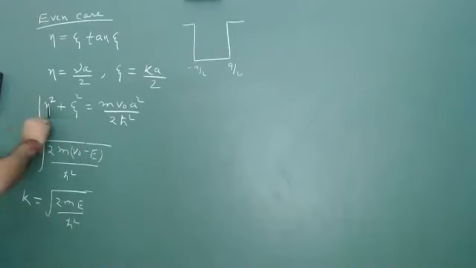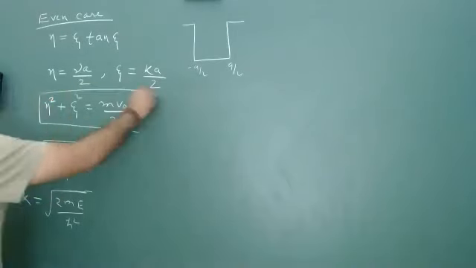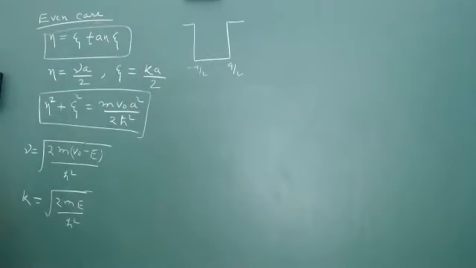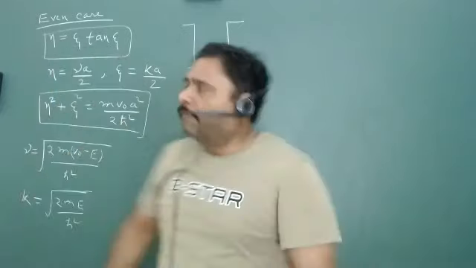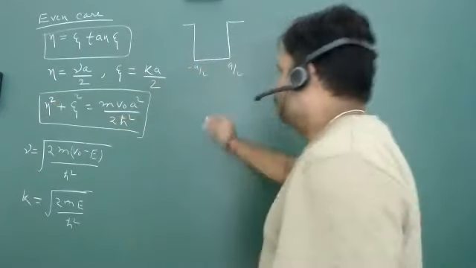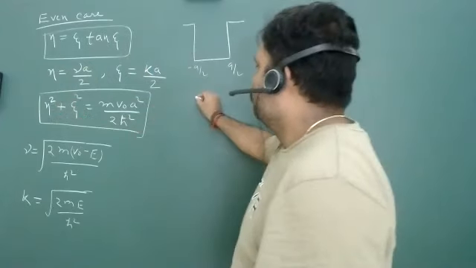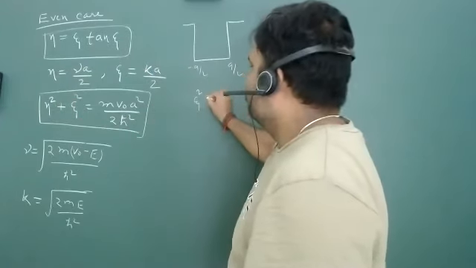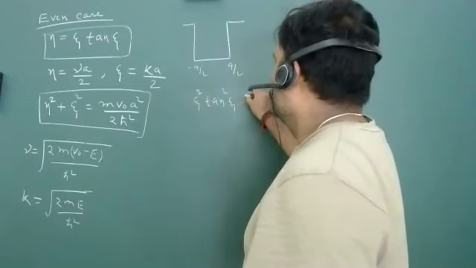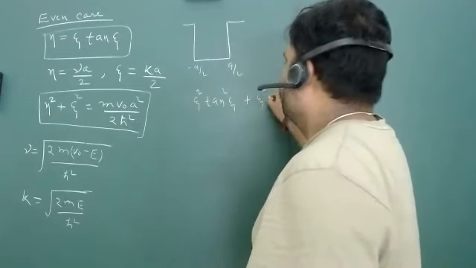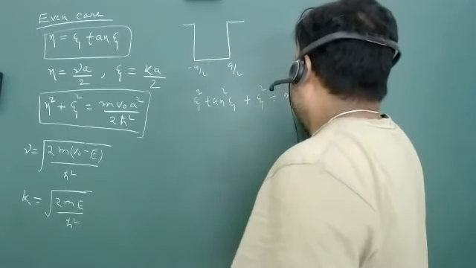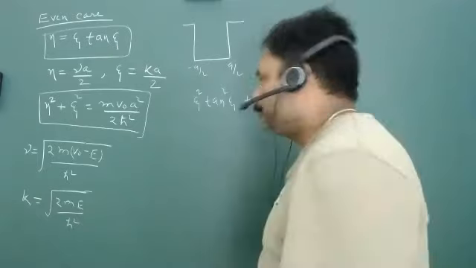So now what do we have to do? We have to solve these two things, one equation this, second equation this. Theoretically, you can easily solve it. You can put the value of eta into this equation, so this will be eta square, that is, xi tan square xi plus xi square is equal to m V naught a square upon 2 h cut square.